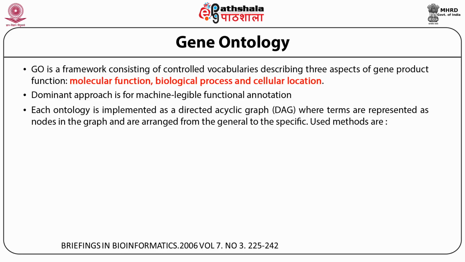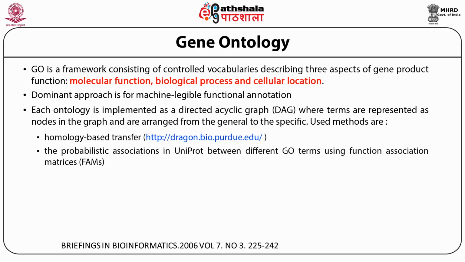However, most often the data has been annotated by homology-based transfer, that is, by finding homologous sequences in different places, or by using some functional association matrix, and that is what is most predominantly related to gene ontology. Then there are phylogenetic considerations.